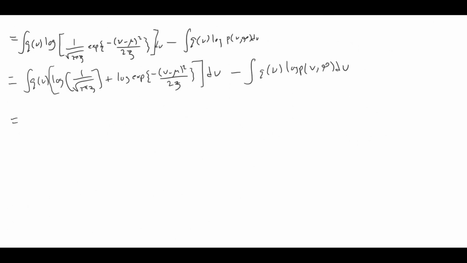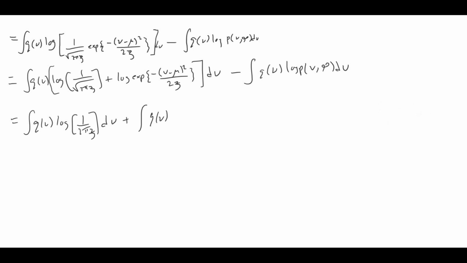Now we can expand Q into each of these and expand the integral as well, turning this into two different integrals. It's going to look like this: the integral of Q of nu times log of 1 over 2 pi zeta d nu, plus the integral of Q of nu times log of the exponential of this. But note that if you have log of e to the x, that's just x, so these cancel out and we can just write the expression that's in here.